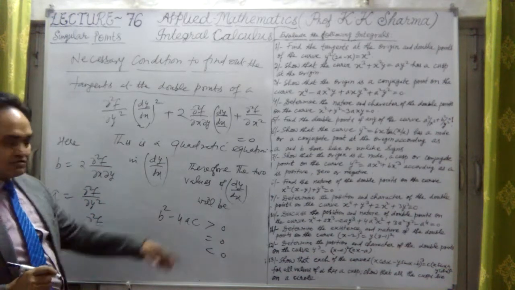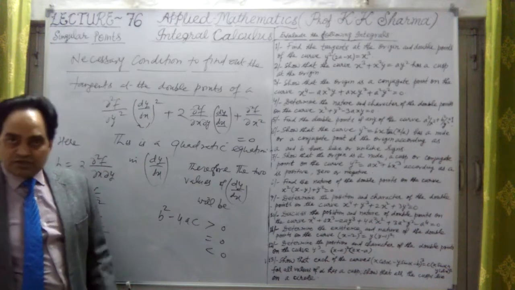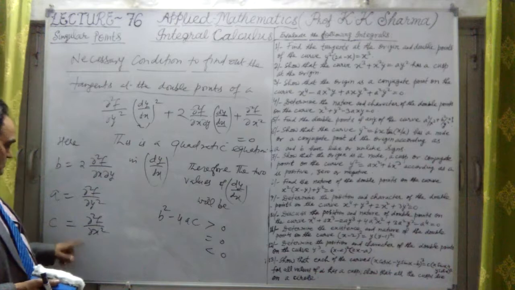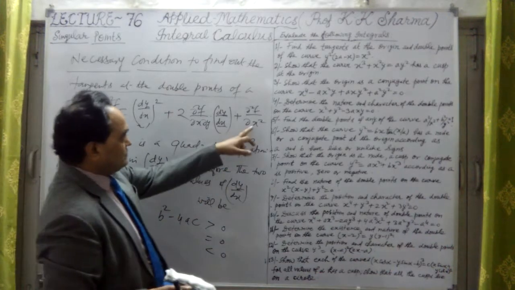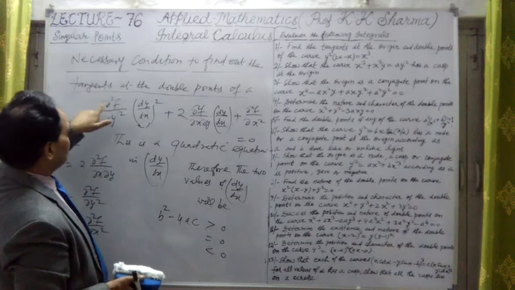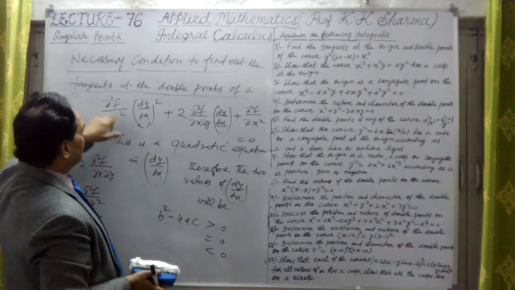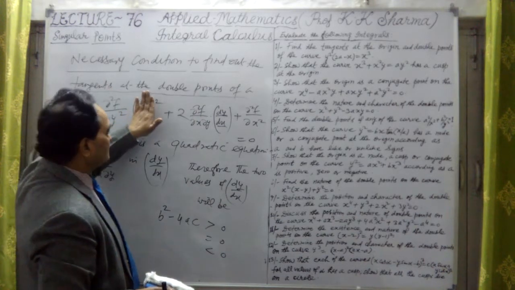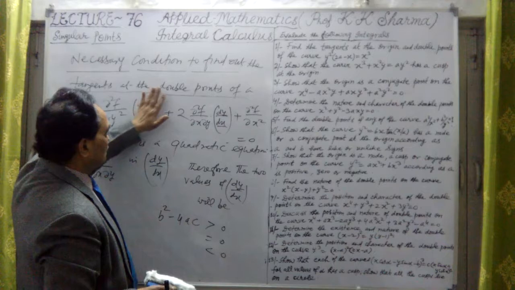So what does b square minus 4ac represent? Now let me write b square minus 4ac. C is this one, this is b, and a is del square f upon del y square, the coefficient of d by dx whole square.